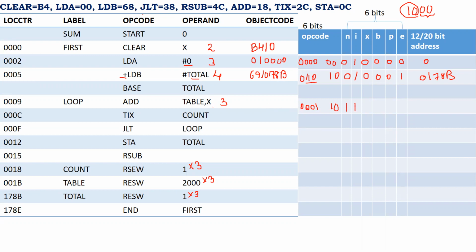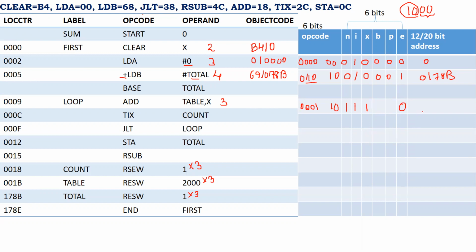And here it is indexed, X is also there, so X is also set to 1. Now, it is of format 3, so E is 0.